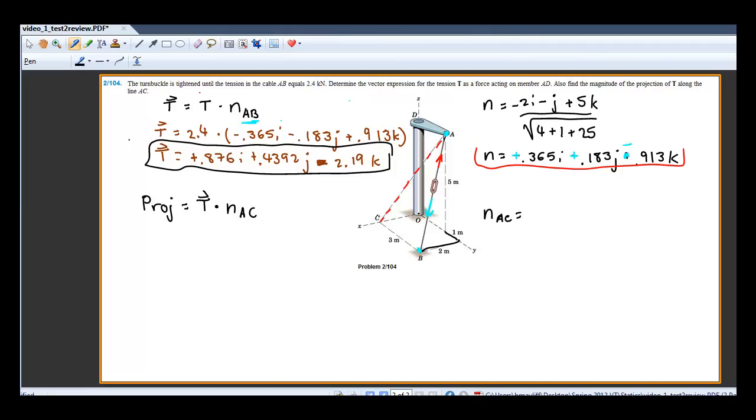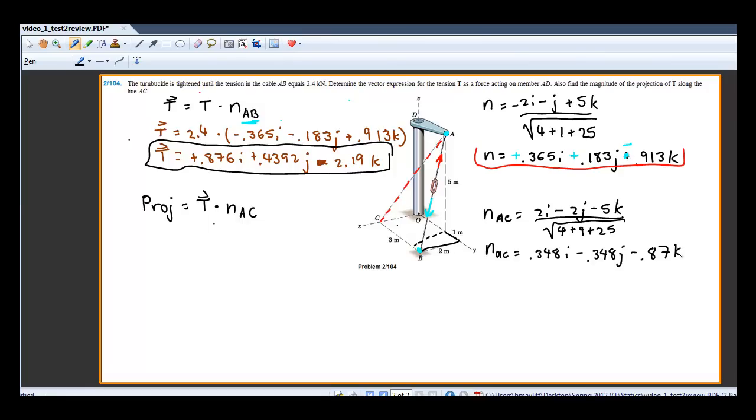It's going from A to C. For the x it'll be positive, so it will be 2i minus 2j minus 5k, all over the square root of 4 plus 4 plus 25. I'll quickly compute that out, and that's what we have for the unit vector from A to C.